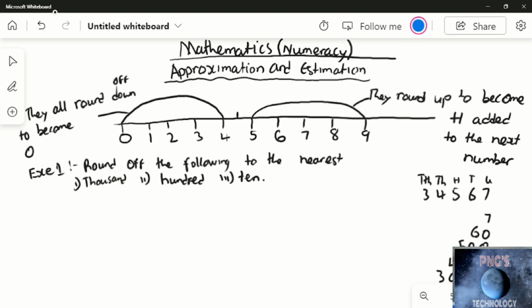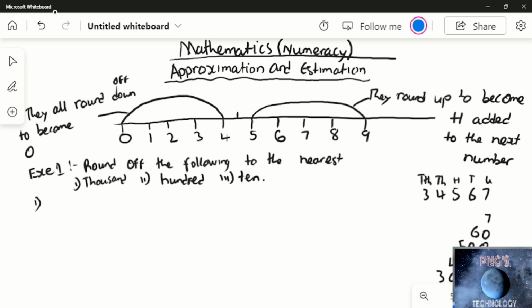When it's unit, there's no number after it, so it's 7. 6 is in 10, so there's only one number after it, so that is one 0 here. 100, there are two numbers after it, so that is two zeros here. 1000, there are three numbers after it, making it three zeros here. So that is how it's written.